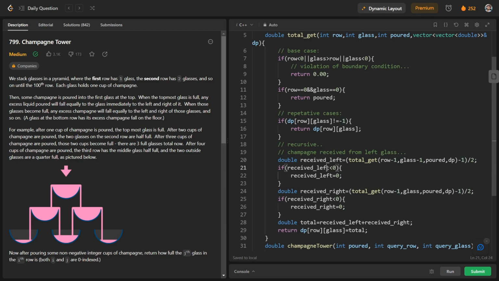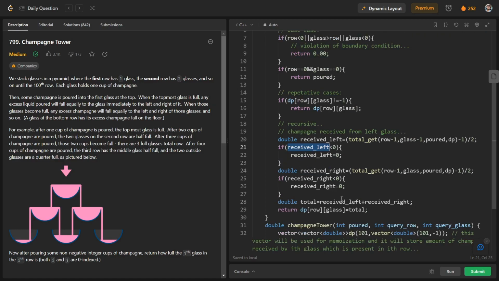And in case this received left is less than 0, which means we will not receive any champagne from the left part, so we will just directly write received left is equal to 0, and similarly for the right one also, and we'll sum these two variables in order to get the total amount of champagne received by our current glass, and we will store it in this dp vector and return it.